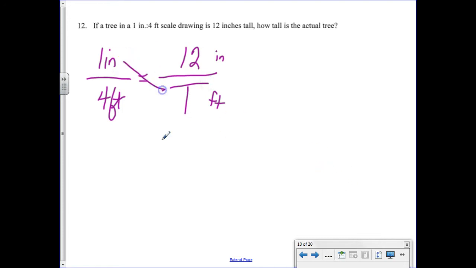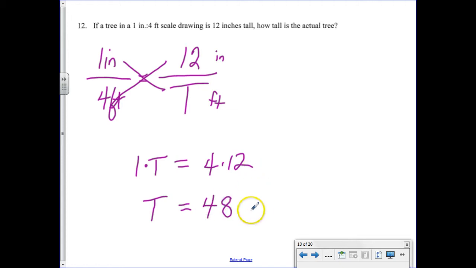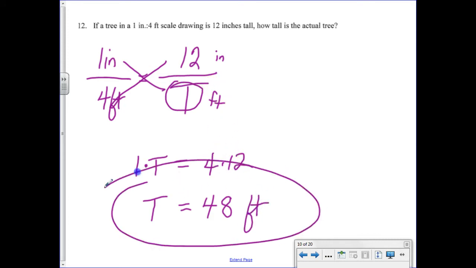Oh, I like this one because I just have 1 times t. That's just t. Then I have 4 times 12, well, I don't even need a calculator for this one, 48. Now, hold on, what's my label? This is the number I was searching for, the missing piece, and this should be feet. That's a tall tree.